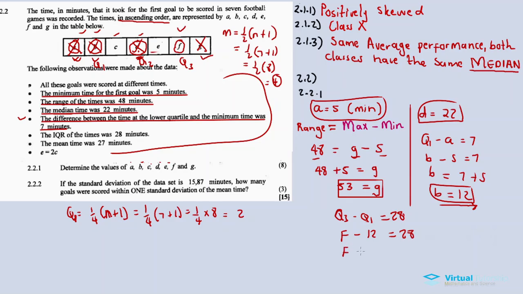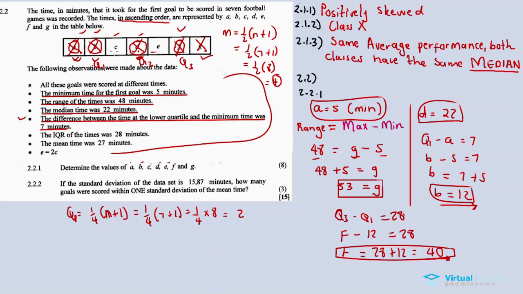So F is equal to 28 plus 12, which is 40, not 48. So the value for F is equal to 40. So F is out of the picture.